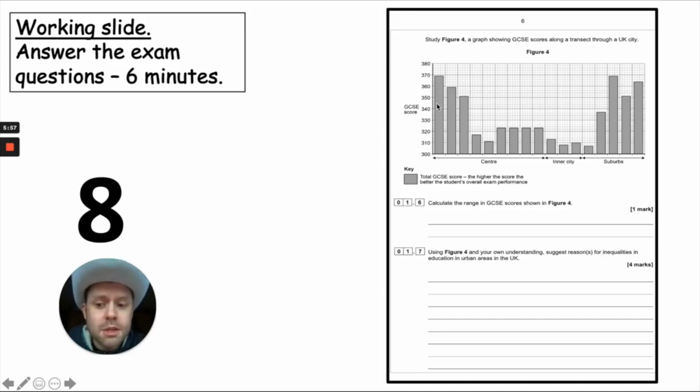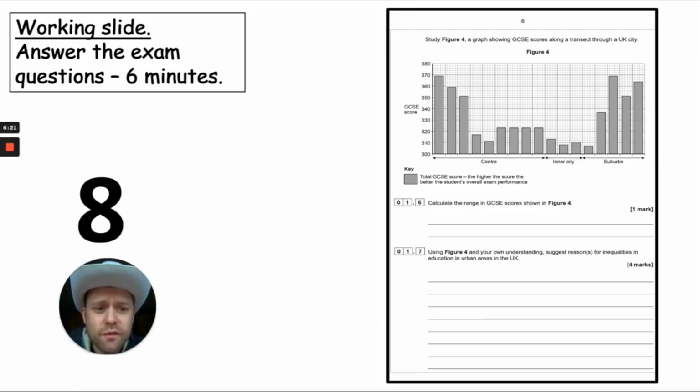But a lot of money's been invested to ensure that people in cities have got the best opportunities, or at least good opportunities. And also consider, in city centre in London, house prices are insane, so people are going to be really, really wealthy. But you can see it's the inner city area where GCSE scores are much, much lower.